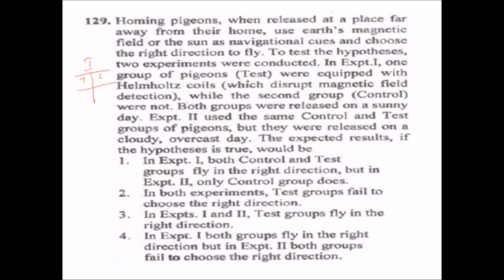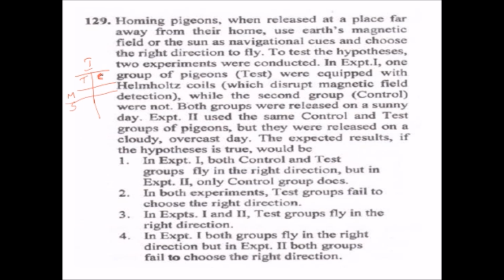One group of the pigeons, the test, were equipped with Helmholtz coils which disrupt magnetic field direction, while the second group, which is the control one, were not. It means the test pigeons will not be able to track their home with the help of the magnetic field. So for the test, here it's the magnetic field and the other is the sun navigation.